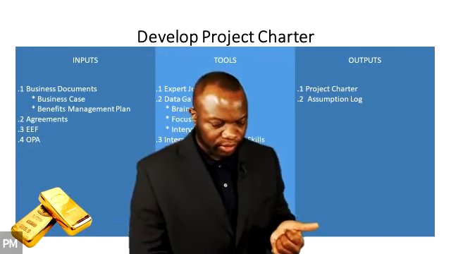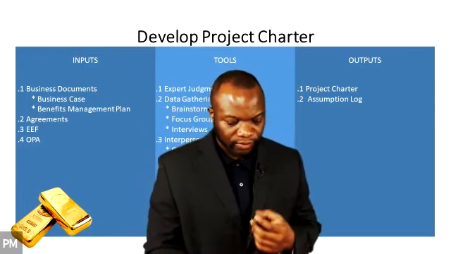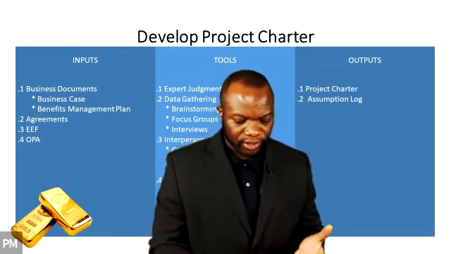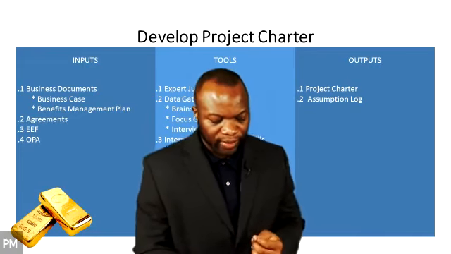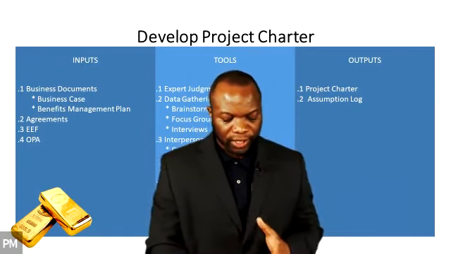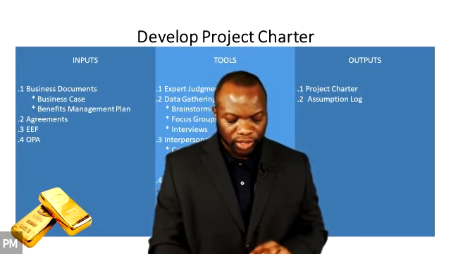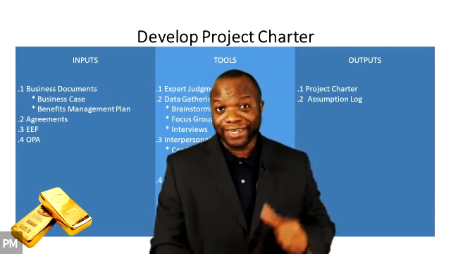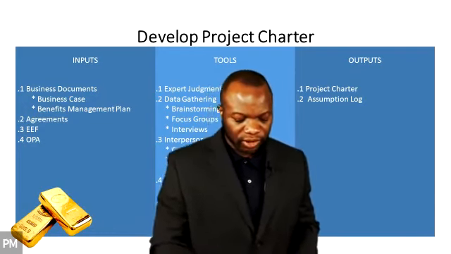The project purpose, measurable project objectives, and related success criteria, high-level requirements, high-level project description, boundaries, key goals, overall project risk, summary milestone schedule, pre-approved financial resources, key stakeholder list, project approval requirements, project exit criteria, you, the assigned project manager, haha, name and authority of the sponsor or the persons authorizing the project charter.